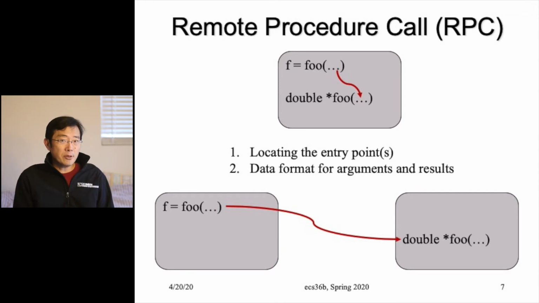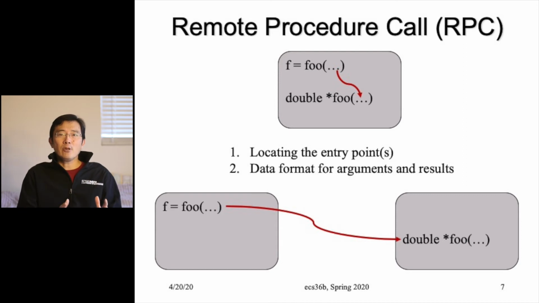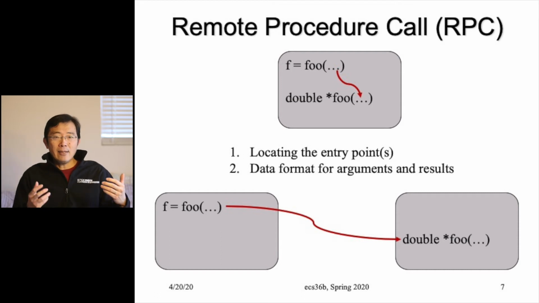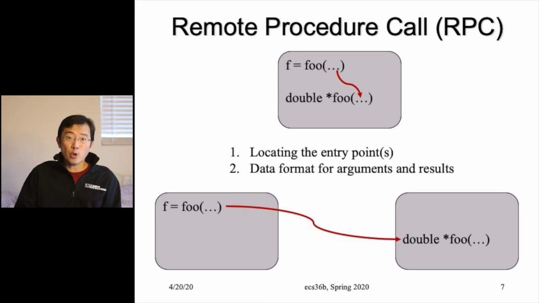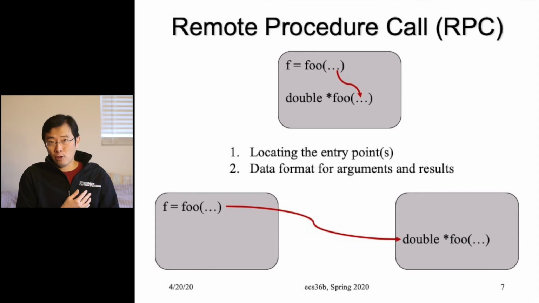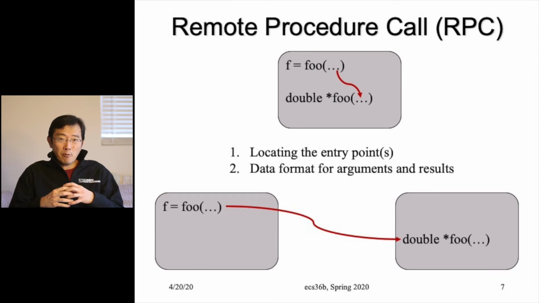The second part you want to deal with is that when you make a function call, it's not just a call, but you also have arguments. You have some data you need to transfer from the caller to the callee. And also the callee, after finishing, needs a way to transfer the result back to the caller. This might sound very natural in a local computation environment, but it is very, very tedious when you want to deal with a remote location.